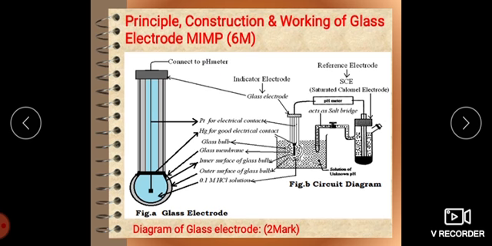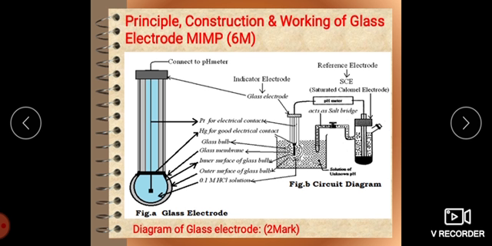But one more question arises here: how to measure the potential of any kind of cell? Actually, it requires two electrodes. If you want to determine the EMF, the pH, or the potential of the electrode, it requires two electrodes.